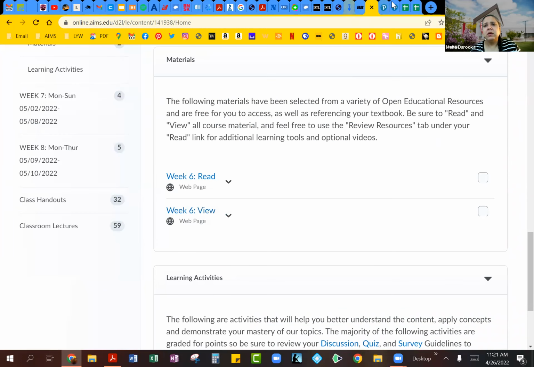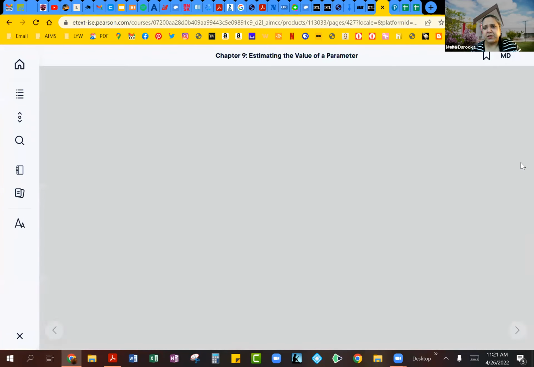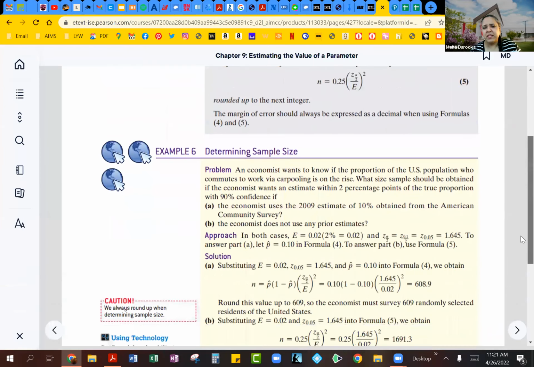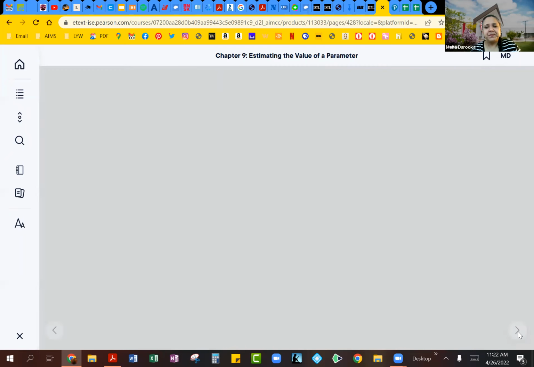Also, if you look at your textbook for chapters 9 and 10, at the end of each section, they have this little technology step-by-step instructions, and it's based on different hardware. So you can see they have instructions if you're using a TI-83/84 calculator, Minitab.